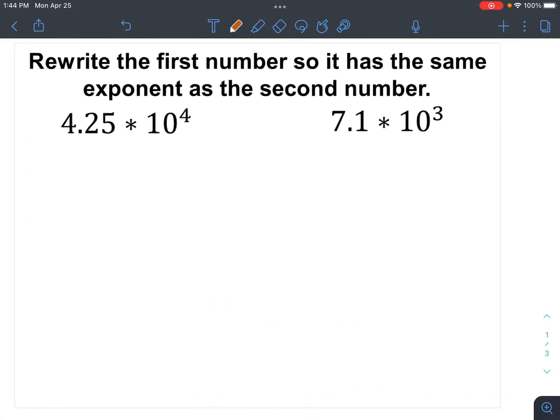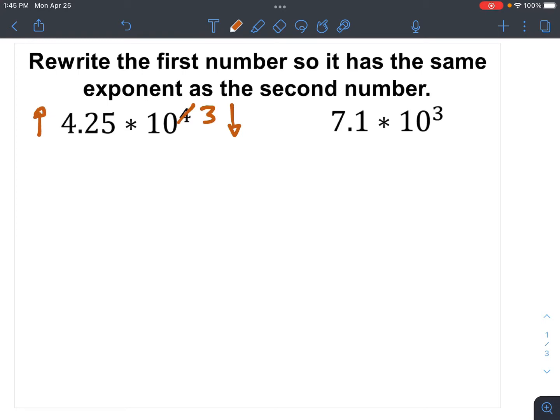Now what we're going to do is take the first number and get the exponents to be the exact same. You'll notice in this first one that we have a 4, and in the second one we have a 3. So clearly we have to reduce that 4 to become a 3. Because that went down, the number in front is going to have to go up.